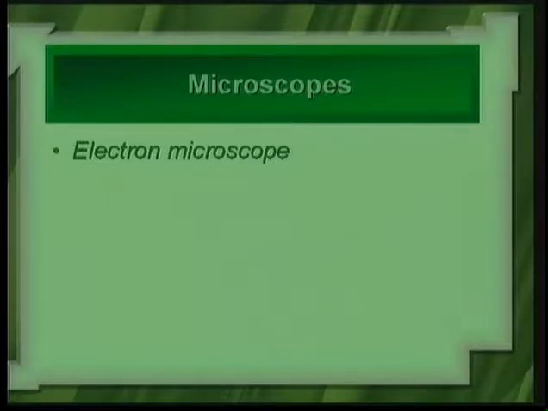Now we have another tool known as the electron microscope, okay? On the compound microscope, you will actually have magnifications maybe almost 1,000 times magnification. But as you go up in magnification, you kind of lose a little bit of what they call resolution. What is resolution?